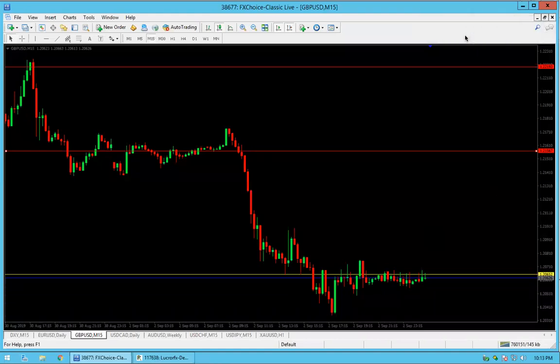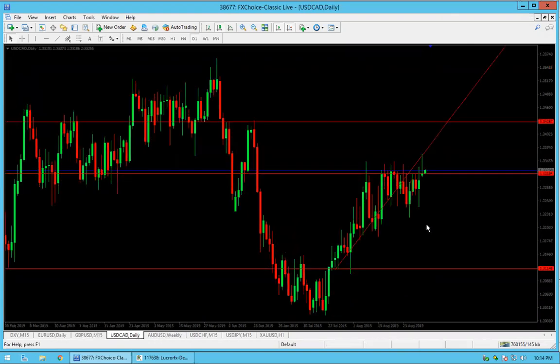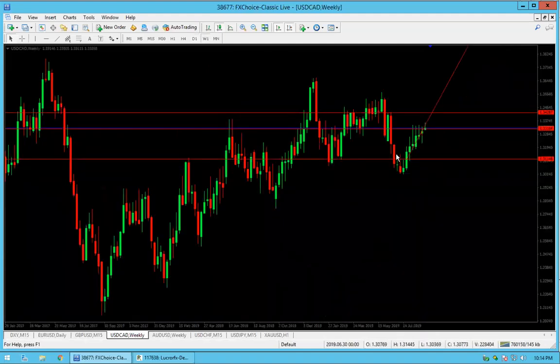Alrighty. So from there as well, I'm going to move over to the last pair, which is USD CAD. So this one, I know I've been talking about this one a lot. We had some good momentum last week, of course, to the downside, but ultimately after that consumer confidence report came out, we did see the buyers start to come in.